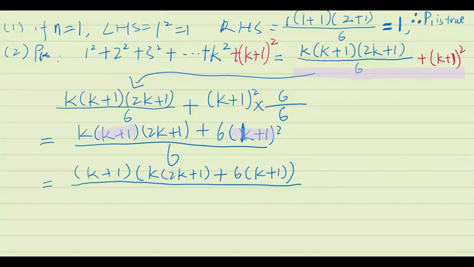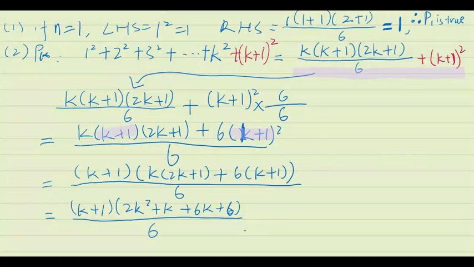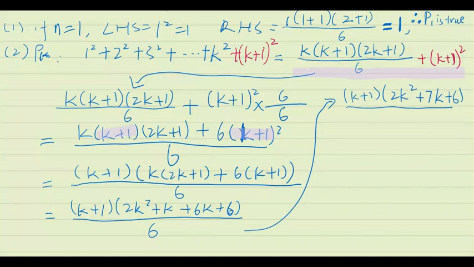over 6. Now let's reorganize this expression. It will become like this. Let's go further: it's k plus 1 times 2k squared plus 7k plus 6, over 6. Now let's factorize this part, 2k squared plus 7k plus 6.